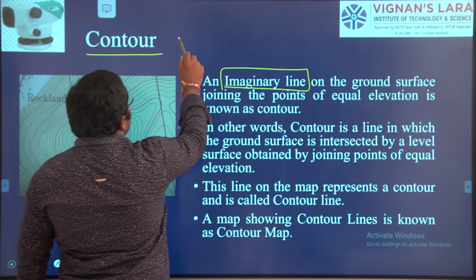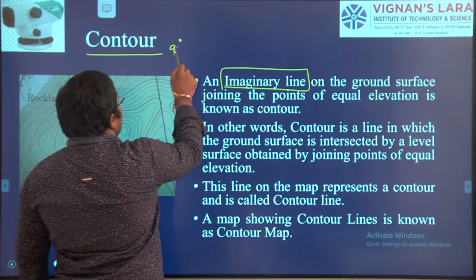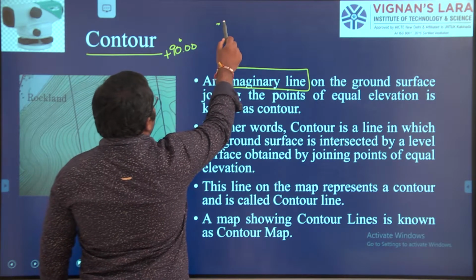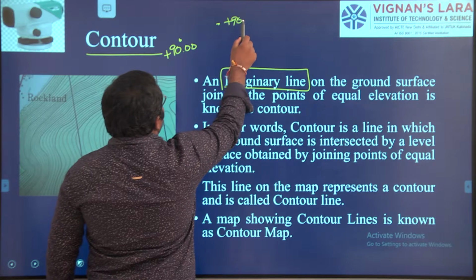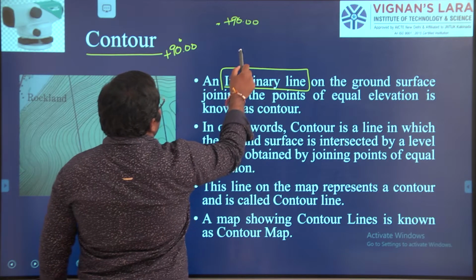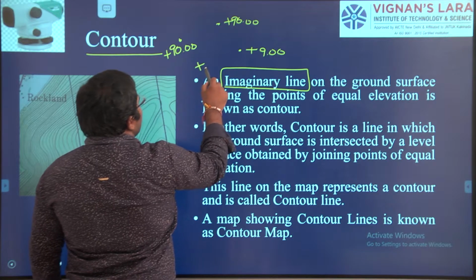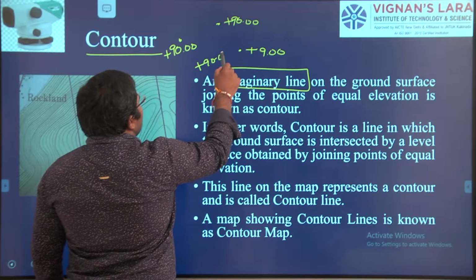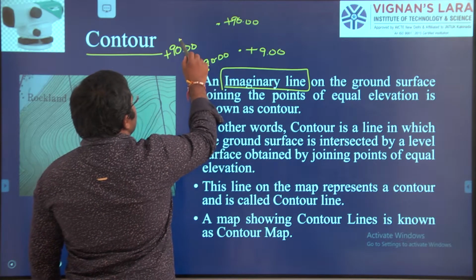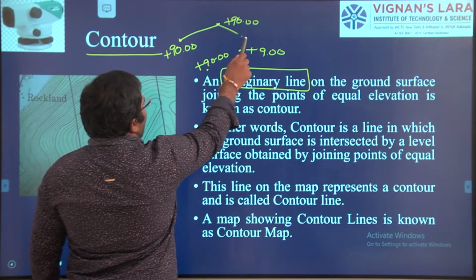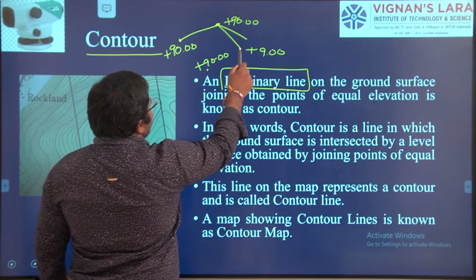Already in the last explanation I told you that here we have a level of 90, another point has a level of 90, here we have a level of 90, and here also a level of 90. These are the points, and I am going to join them on the ground level.